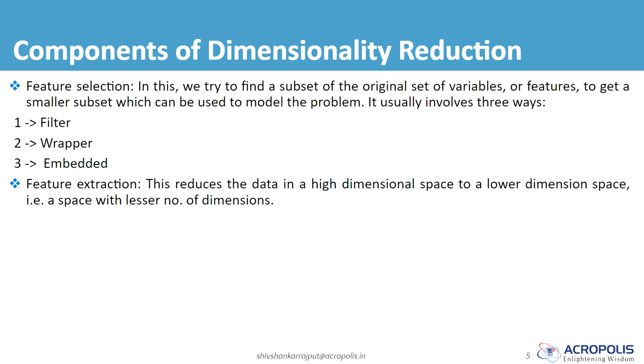It means in feature selection we can find the subsets of a given set of variables or features. Now, feature extraction. This reduces the data in high dimension space to a lower dimension space, for example, a space with a lesser number of dimensions. Feature extraction reduces the high dimension data to low dimension.